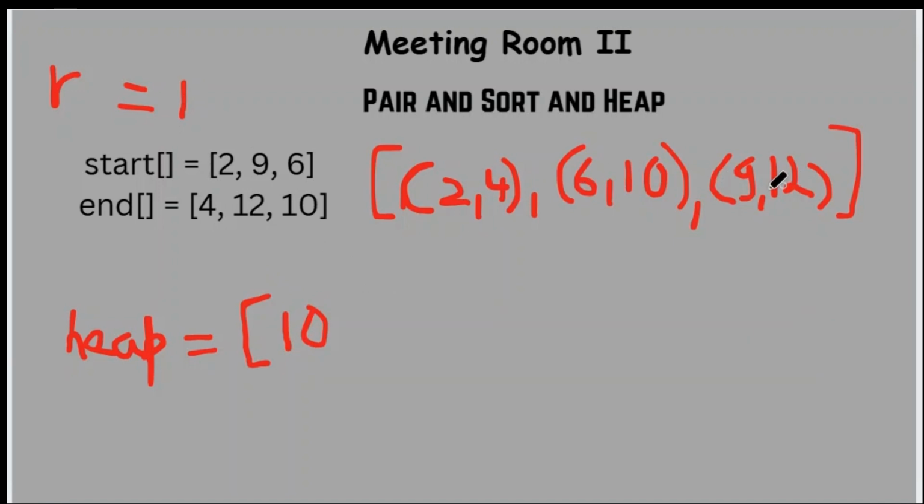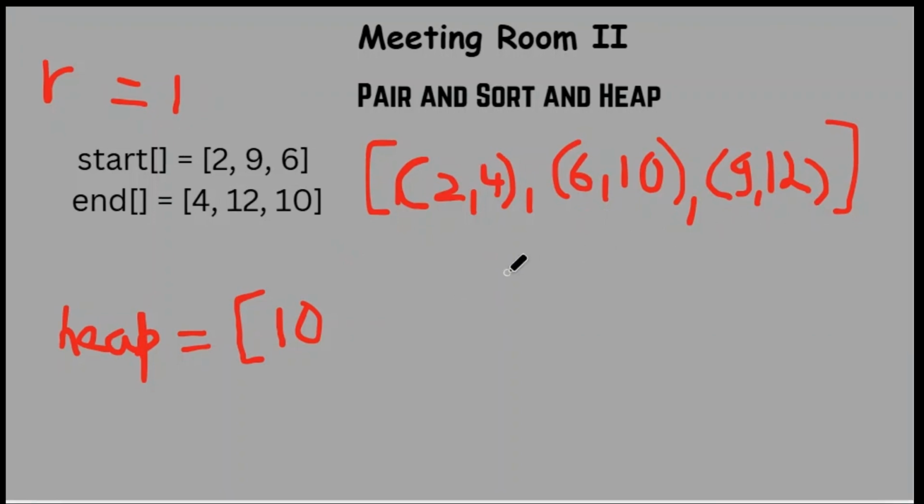Next, we'll go to this pair where the meeting starts at 9. So you can say 9 is less than 10. So you have to iterate, and then you have to push 12.